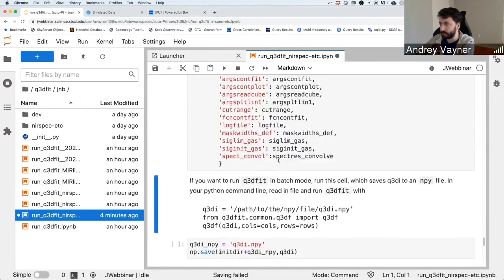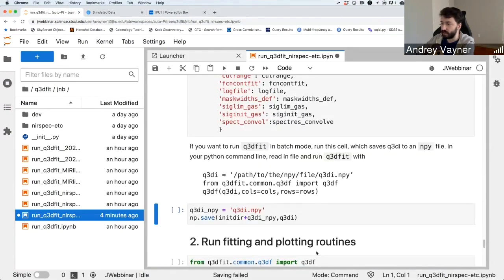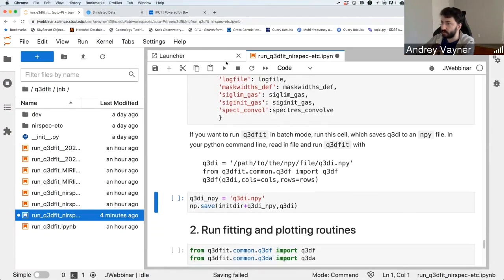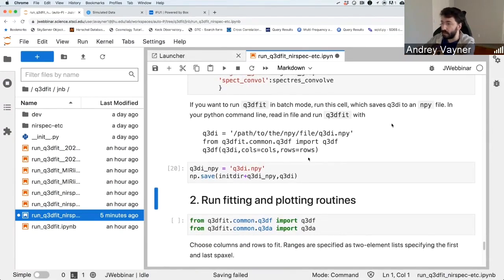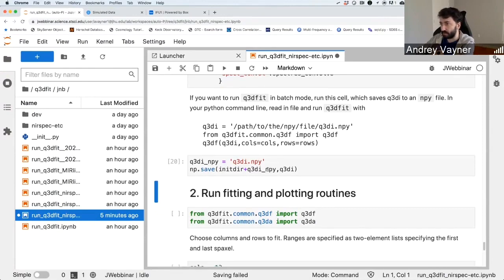This dictionary then gets saved to a .npy file, so you can run this from the terminal without having to modify every single bit here every time. So it's helpful for debugging, and if you want to run this on a number of spaxels in the terminal, that possibility is there.